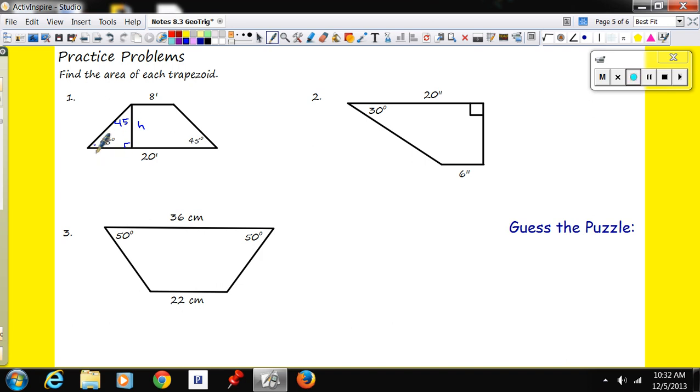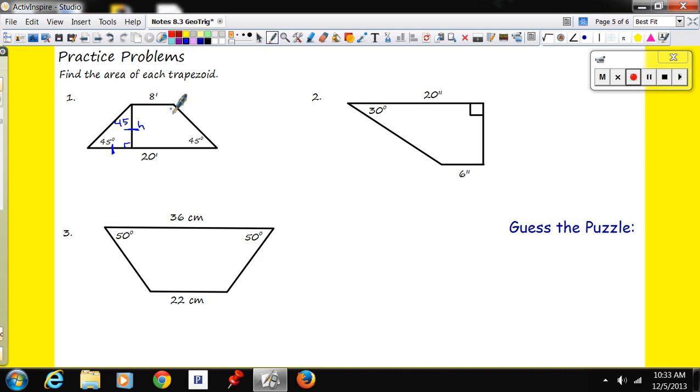And what do I know in every 45, 45, 90 about their legs? The two legs are equal, right? This leg has to equal this leg because of the angles both being 45. So put your tick marks in there to show that those two legs have to be equal to each other. Do I know the length of those legs is the question.